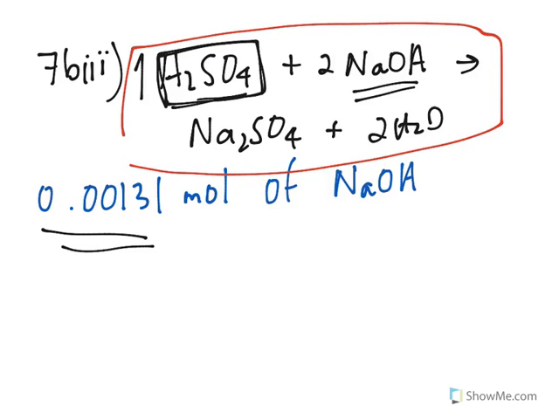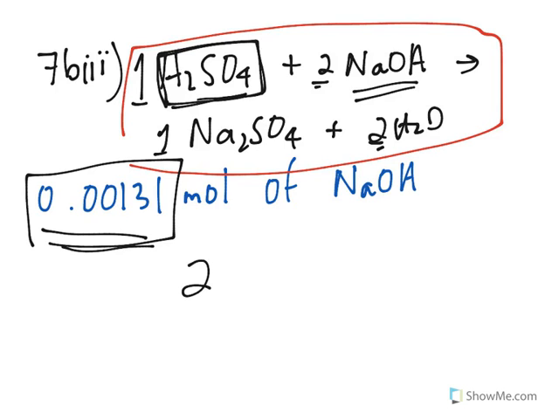So in this case, 1 mole of H2SO4 reacts with 2 moles of NaOH to form 1 mole of Na2SO4 and 2 moles of H2O. So if we used 0.00131 moles of NaOH, and if 2 moles of NaOH react with 1 mole of H2SO4, I'm going to use a ratio.